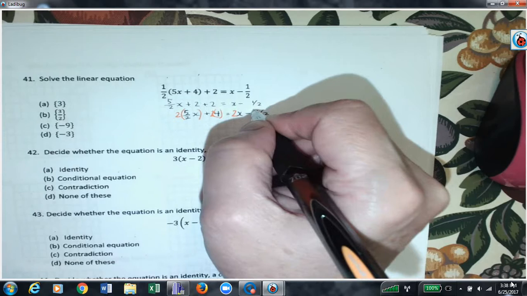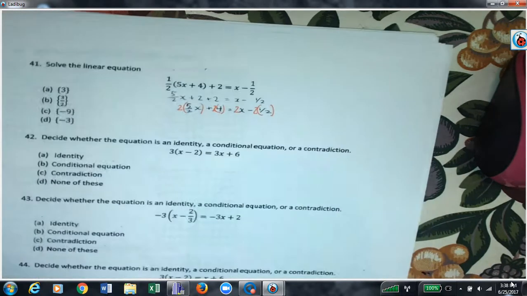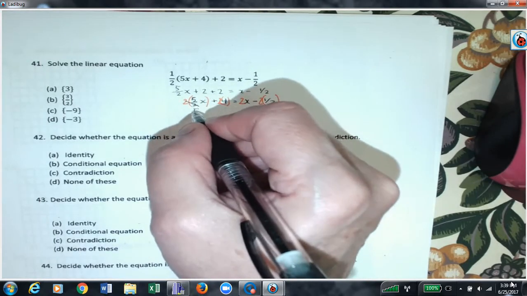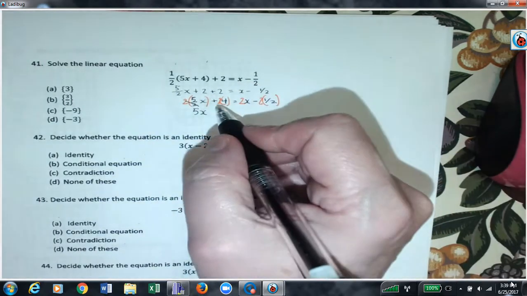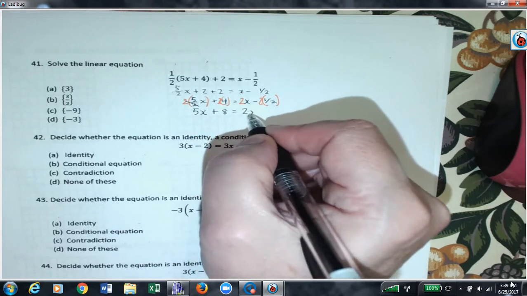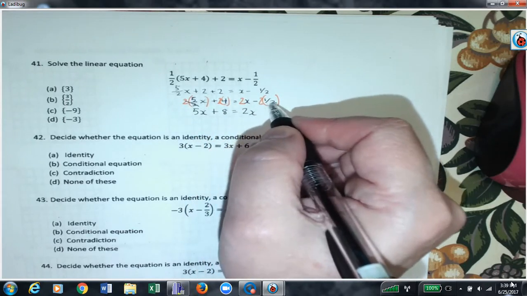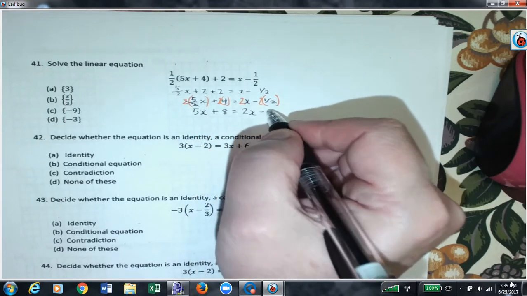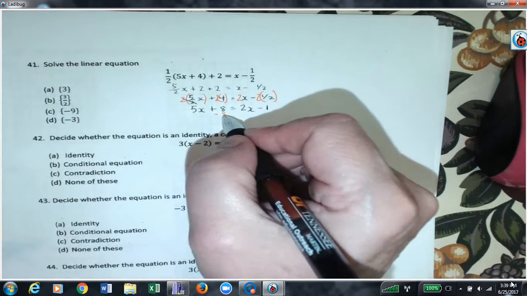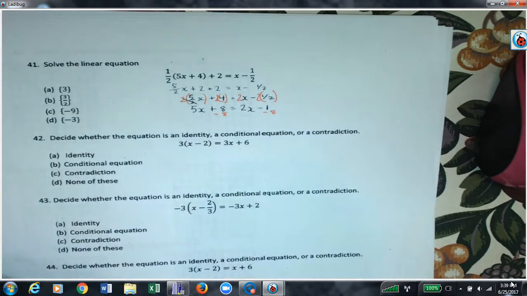Got to do it to every term, or you won't have equality there. So 2 times 5 halves is just going to be the 5. So I'll have 5x. 2 times 4 is 8. And 2 times a half is 1. So I get minus 1. Okay, so that's easier to handle. So now I'm going to subtract 8 from both sides.